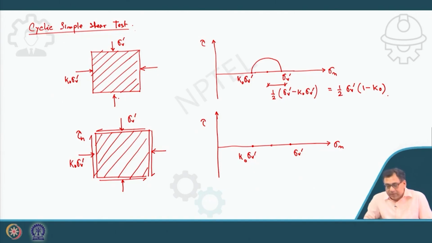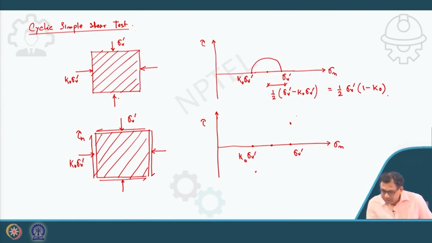But now on this plane, the shear stress is developed, but the normal stress is not changing on the plane. Only the shear stress is changing. So now I can take the coordinate on the circle. So this is one point and this will be another point.